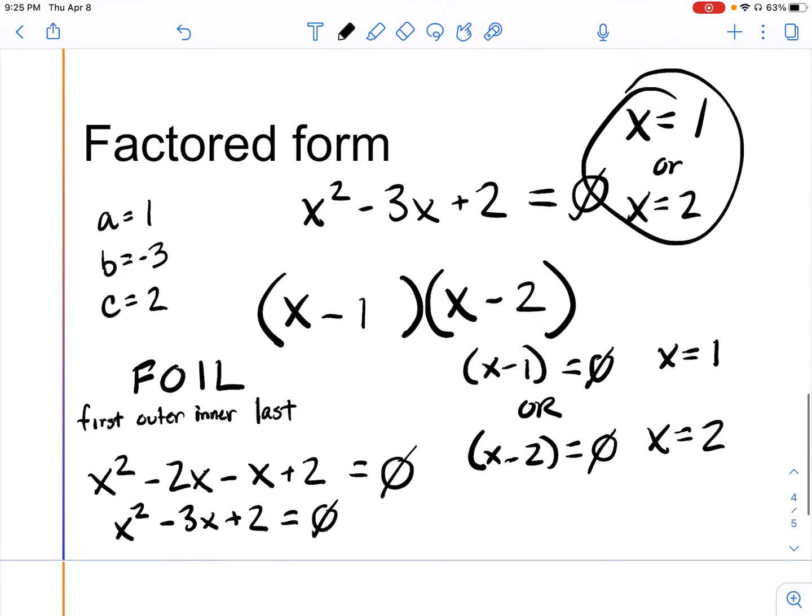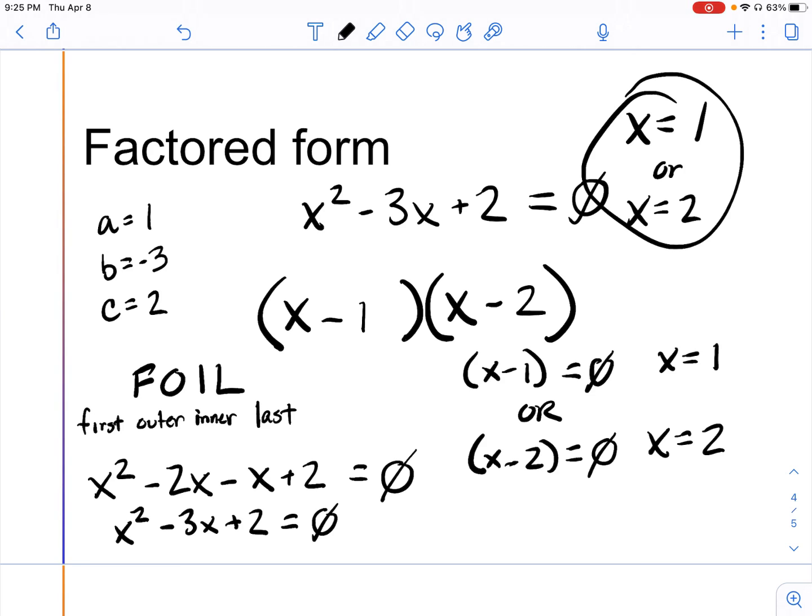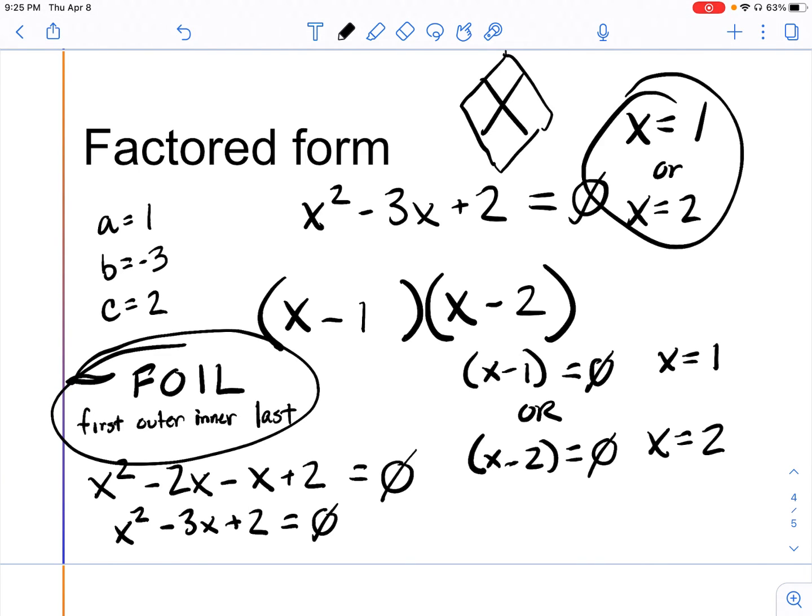But they both work. So FOIL is a big part of this. Not only knowing how to go from factored to standard using FOIL, but then also how to use our little diagram to go from standard form to factored.